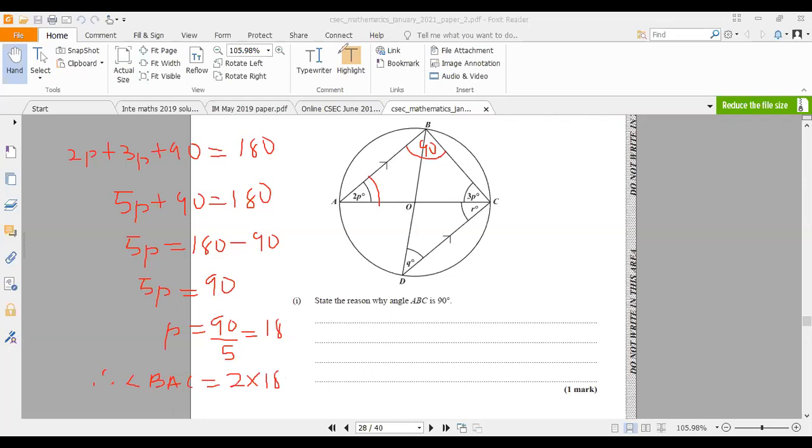Let me put this one in. BAC is equal to 2P. So for you to understand, BAC is equal to 2P, which is equal to 2 times 18. Which gives me 36. Right.